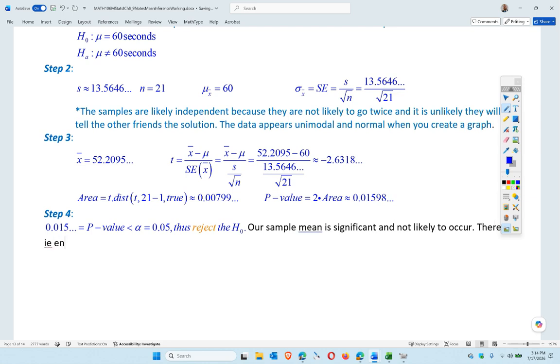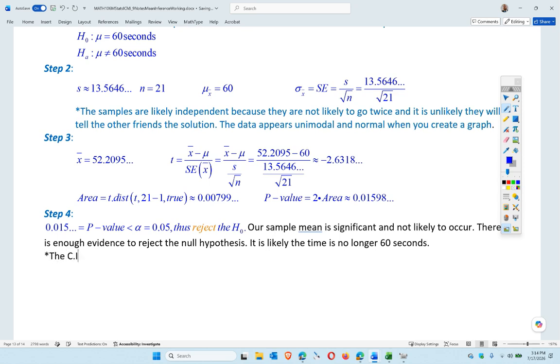There is enough evidence to reject the null hypothesis. It is likely the mean time is no longer 60 seconds.